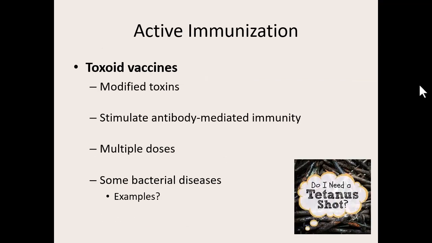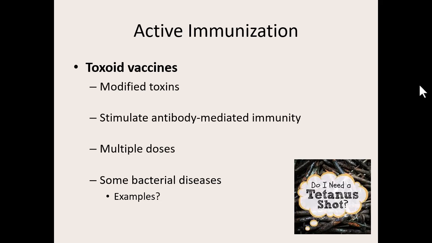Another type of immunization is called toxoid vaccines. So there are bacteria where it's not the bacteria we care about. It's the fact that this particular bacteria makes toxins. The toxins are what kill you. The bacteria won't kill you. The toxins kill you. And so we make vaccines that contain a modified toxin in the actual vaccine itself.